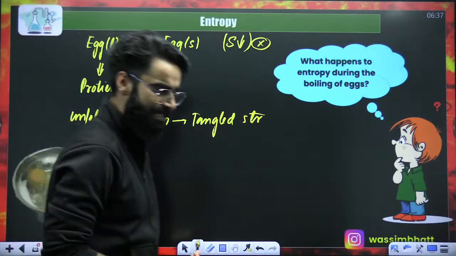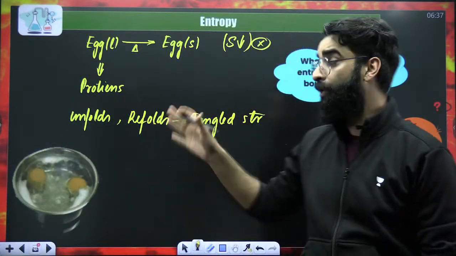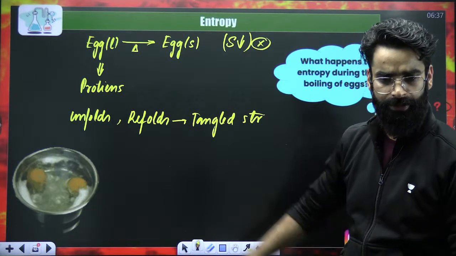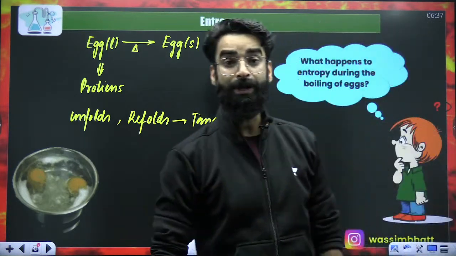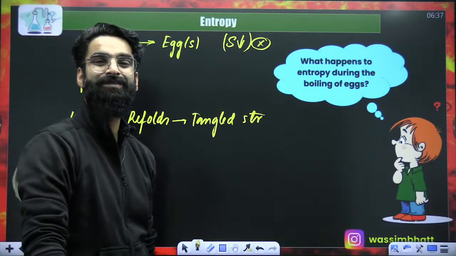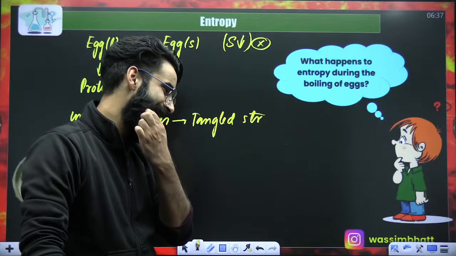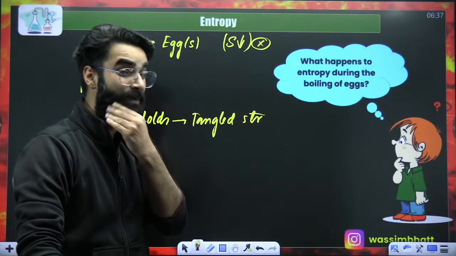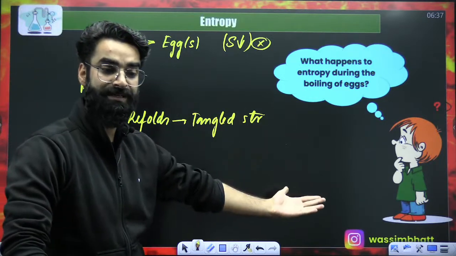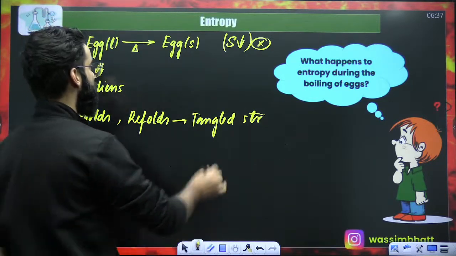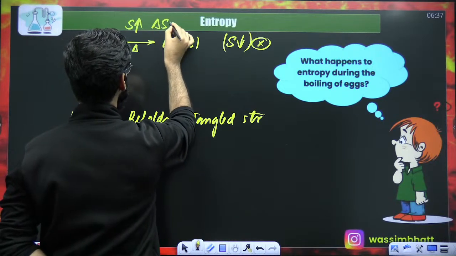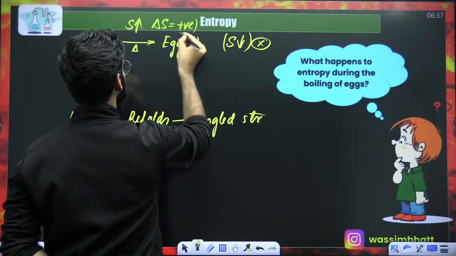Is the overall structure becoming complex during the process? Overall, the structure is becoming complex. And the more the complexity of the structure, as I told you already, the more the entropy. So the complexity is increasing, which means entropy will be increasing, so delta S sign has to be positive.